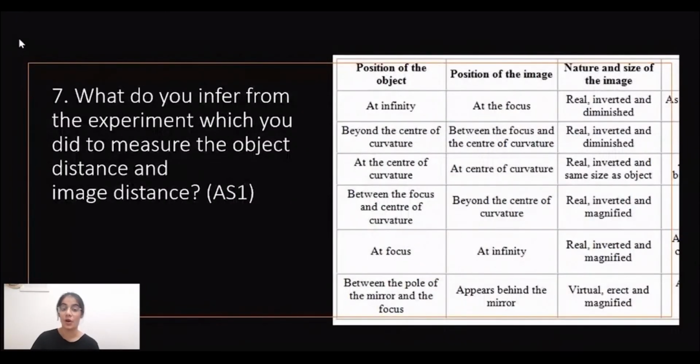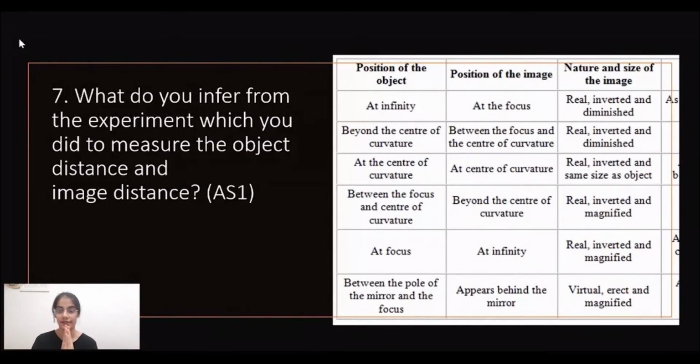Next question. What do you infer from the experiment which you did to measure object distance and image distance? There is an experiment provided in your books in which you take a certain concave mirror and you place a small candle, both at different stands at different distances to each other, while they are on a measuring scale.